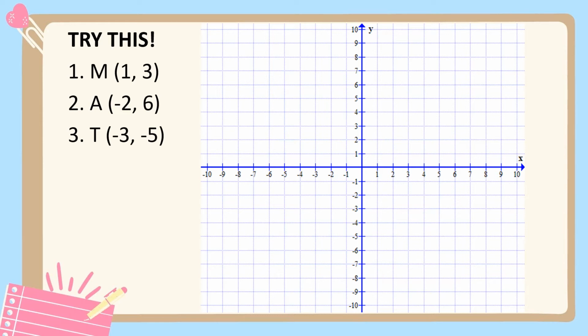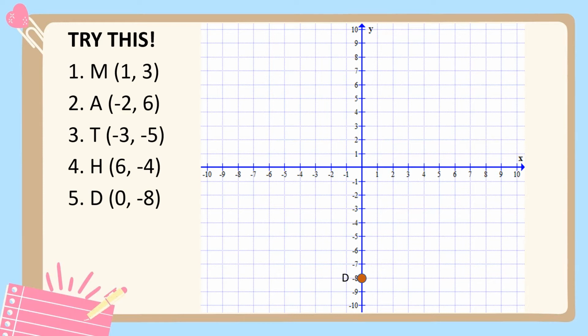Next is point H with coordinates (6, -4). Its location is on the fourth quadrant. So here is point H. Another, point D with coordinates (0, -8). This point is located on the y-axis.